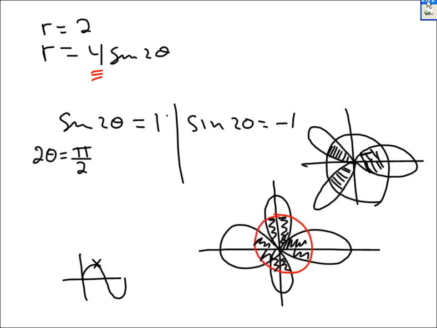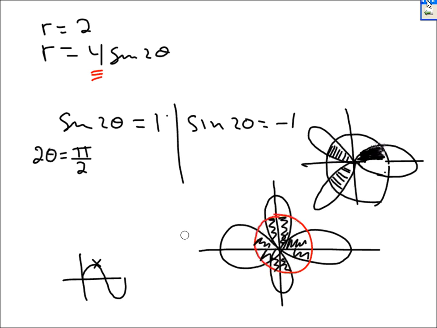I just want to find out that area, and given the picture I have, I'll multiply it by 3. But better yet, possibly, I'll just find the upper half, and then I'll multiply it by 6, because there's 6 of those.